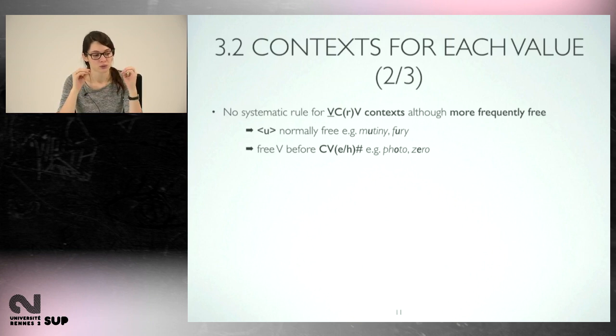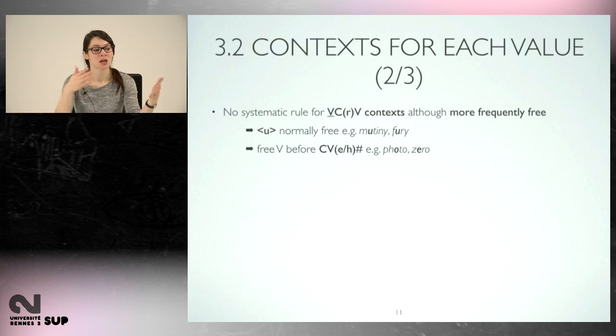The vowel is also free when it occurs before a single consonant followed by a vowel, possibly mute E or H, at the end of a word. So when you have a VCV or VCRV context at the end of a word, you can expect the value of the vowel to be free, and that's what you have in photo and zero.